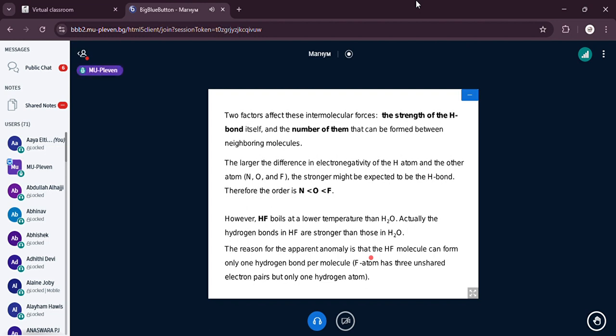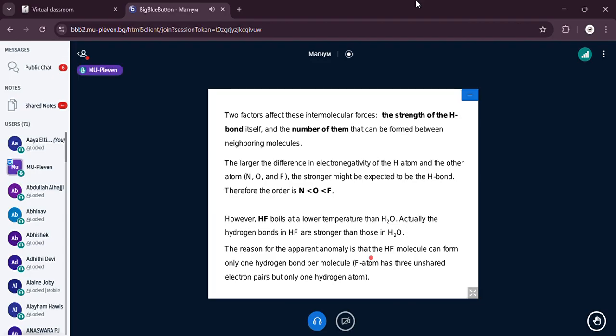In fact, the hydrogen bond between hydrogen fluoride molecules is stronger, but the number of hydrogen bonds per molecule is one per hydrogen fluoride molecule.